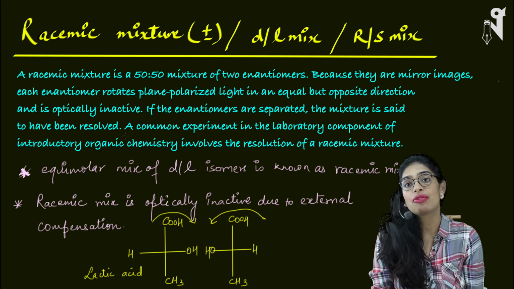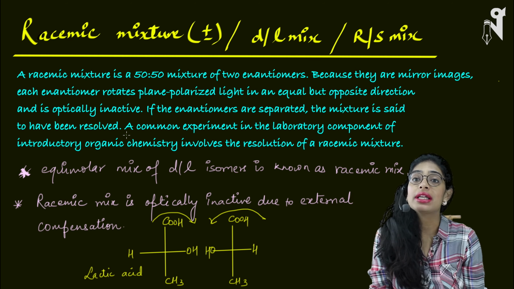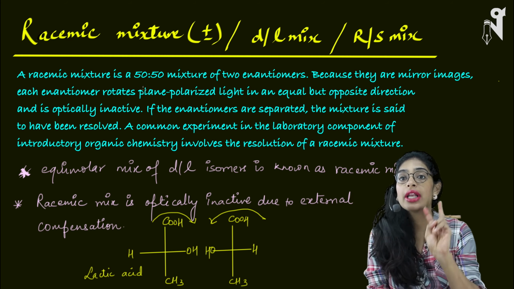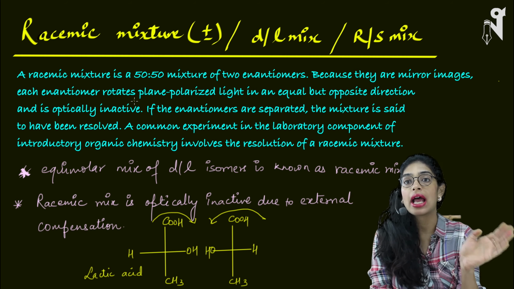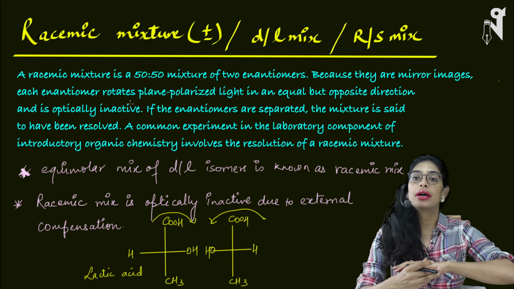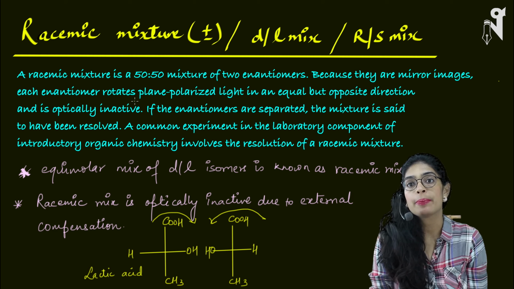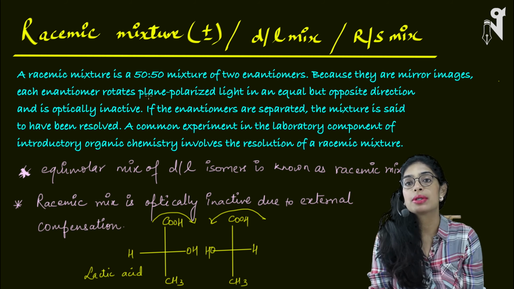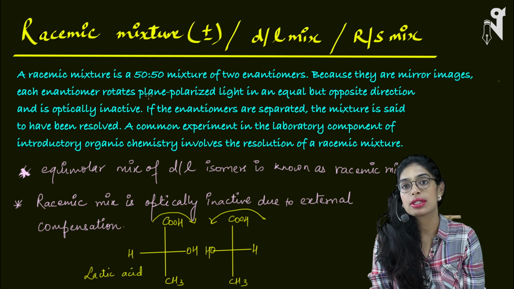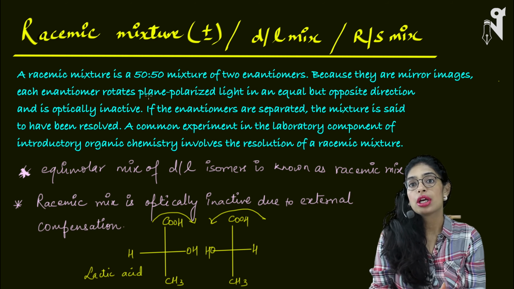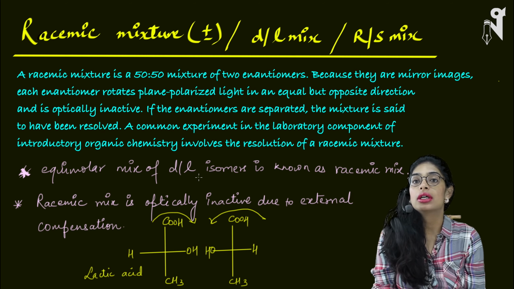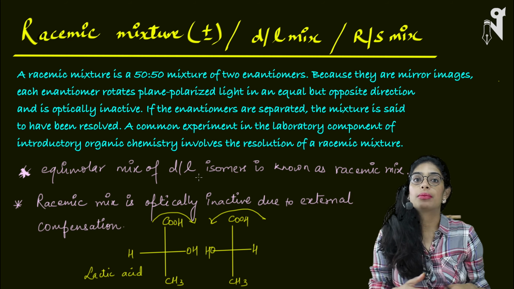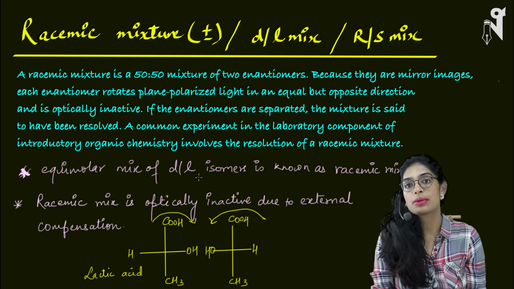Such mixtures, where optically active compounds are present but they are two enantiomers which divert the light in opposite directions with the same angle, and are in 50-50 or equimolar concentration, show no optical activity due to the cancellation of the shifting of the plane polarized light, that is, the cancellation of opposite optical activity.